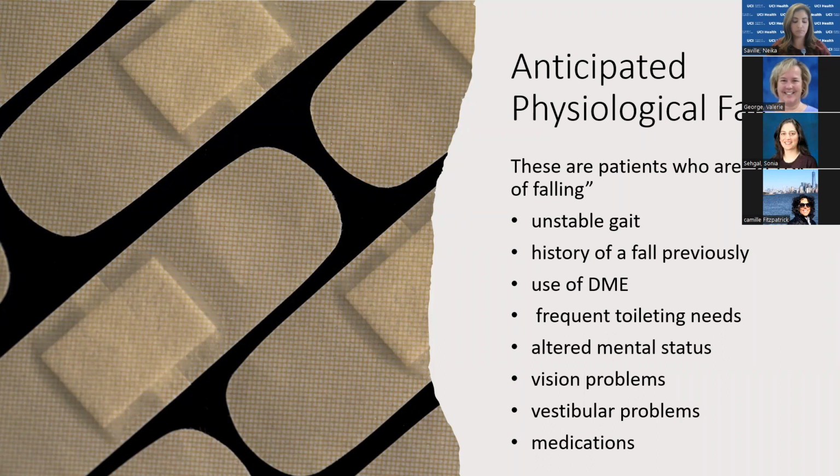If they are using a DME, then we know that they are already at a higher risk for falls and that they need some type of assistance to continue with gait, change of position, or help with walking.